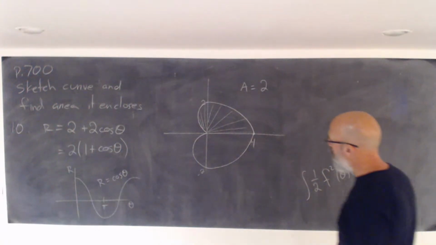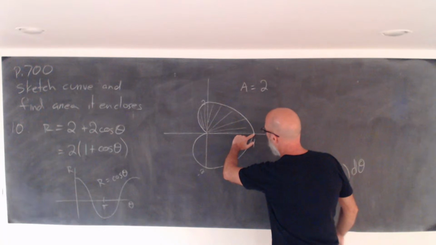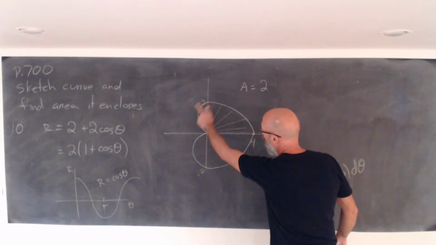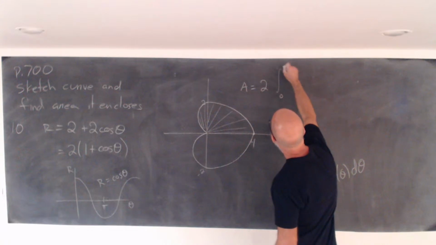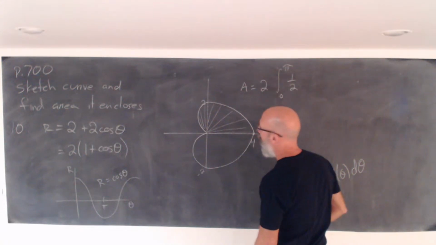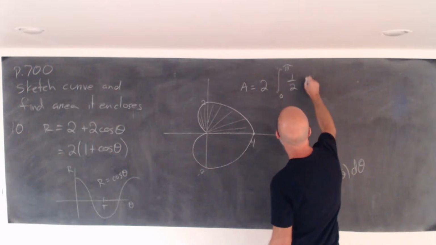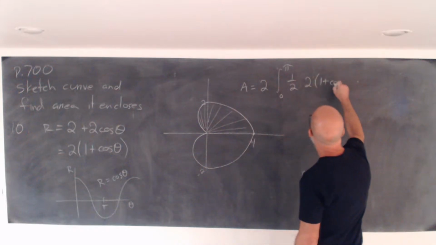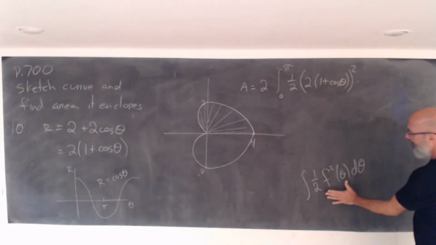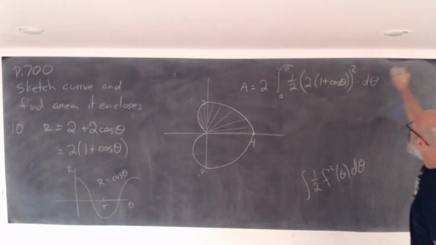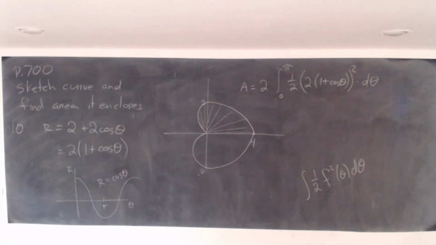So let's describe this top part. How do we describe it? Theta goes from 0 to pi. So 0 to pi, 1/2 your function squared d theta. There it is.